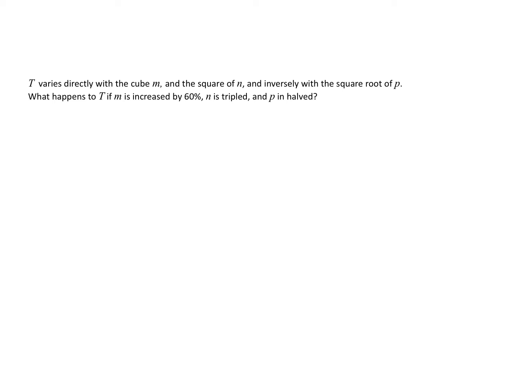Now this last example, we don't have any values to plug in. We have m being increased, n tripled and p halved, and we're going to try and figure out what happens to t. So we have t proportional to the cube of m, the square of n, and the square root of p.